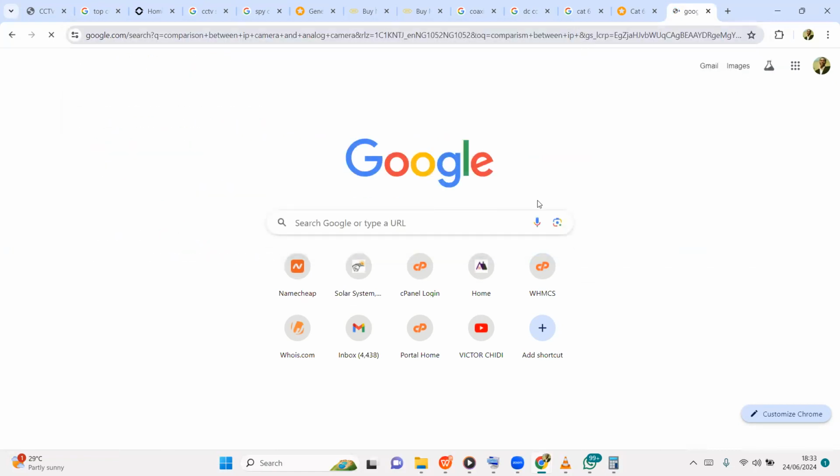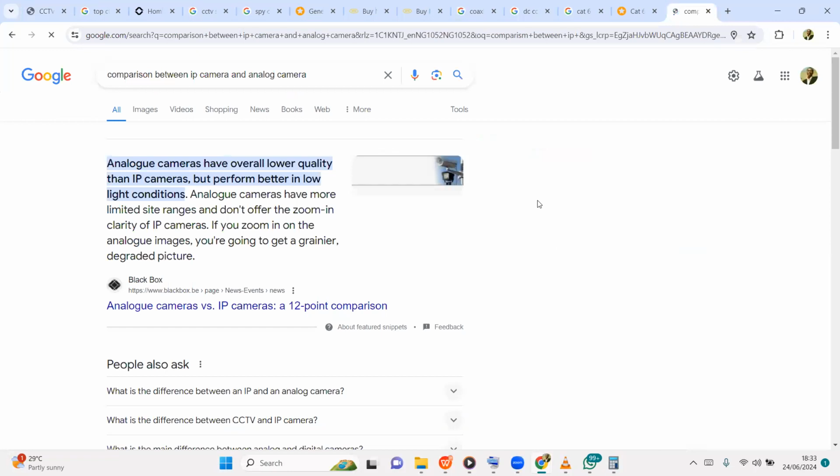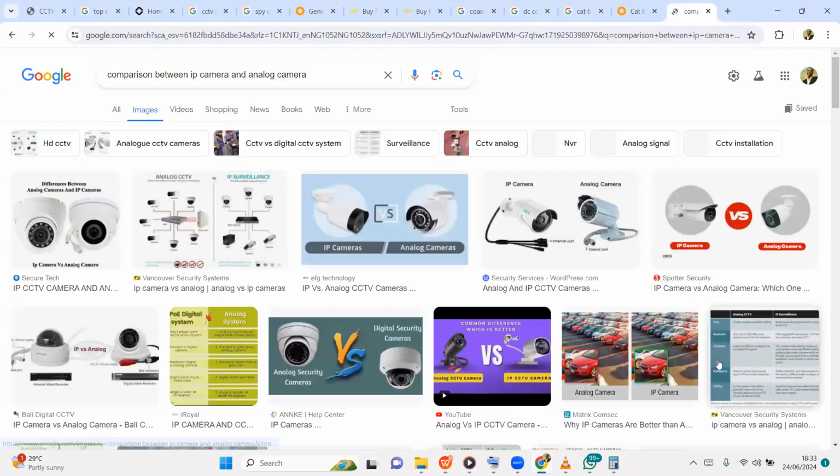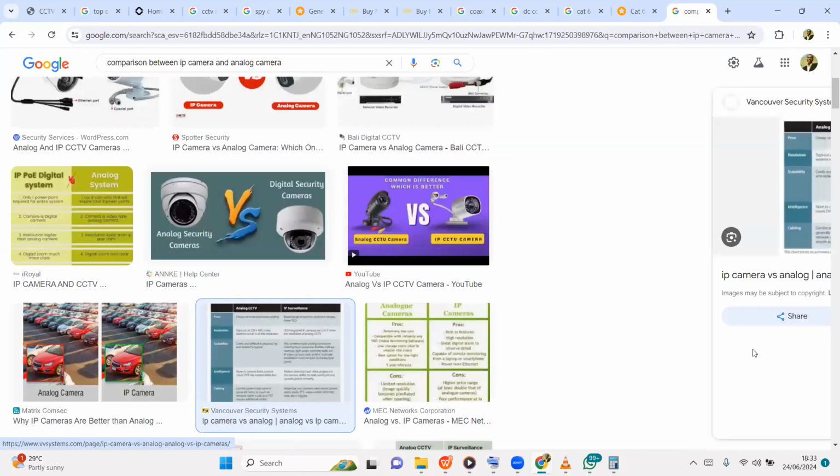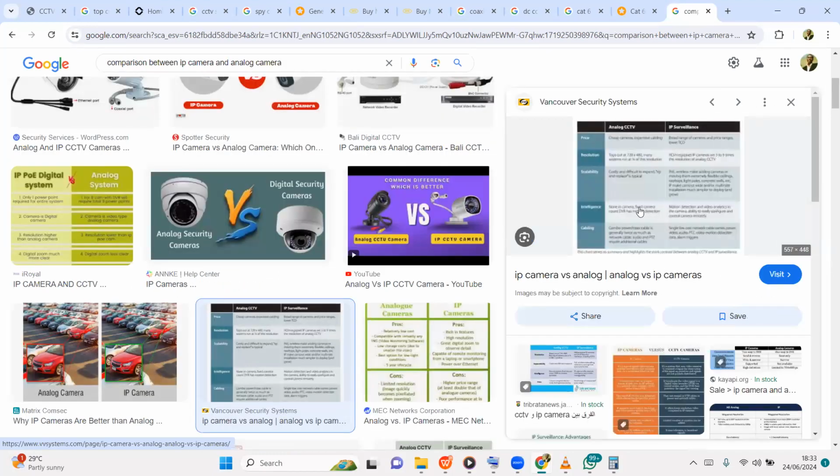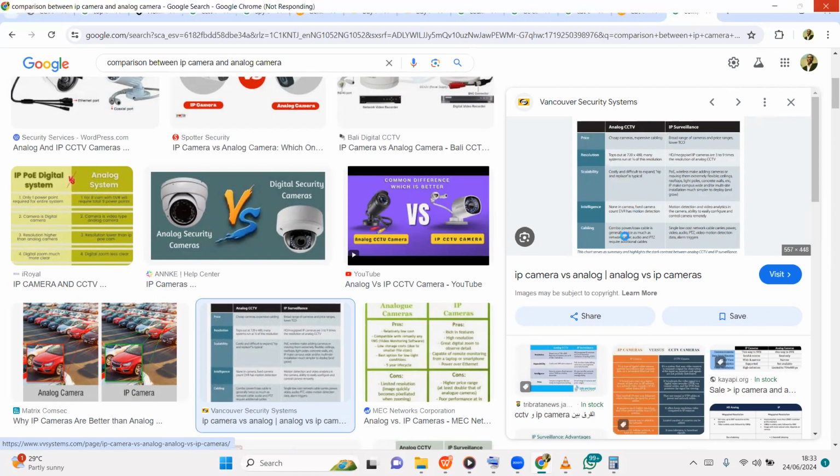So it all depends. In terms of cost also, IP cameras are more expensive compared to analog cameras, right? And they give you better quality. In terms of cable, the IP cameras are more expensive to set up compared to the analog cameras.